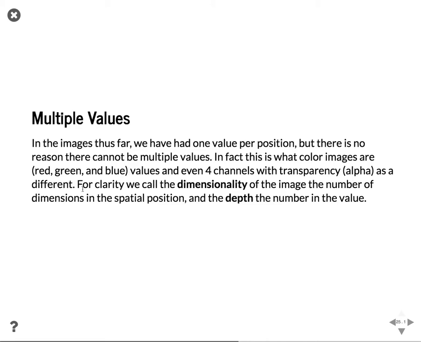For clarity, we call the dimensionality of the image the number of spatial dimensions, and the depth the number of values. So when you say you have a 3D image, a red, green, and blue 2D image is not a 3D image. 3D refers to the fact that you have 3 spatial dimensions, and the depth refers to the fact that you have multiple values or multiple colors.